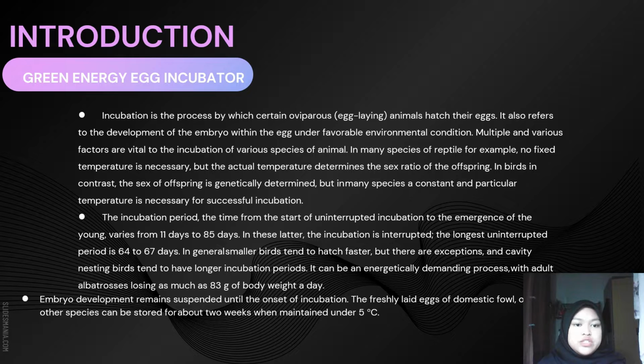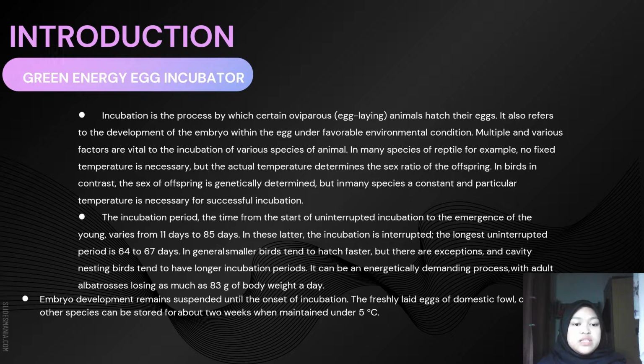So the incubation period is the time from the start, from 11 days to the active days. In this later stage, incubation is interrupted. The longest uninterrupted period is 64 to 67 days.